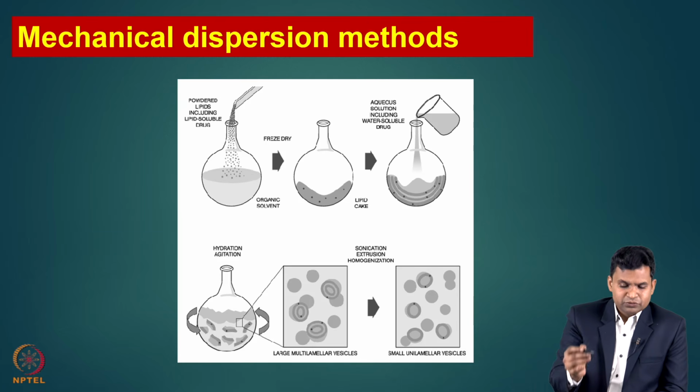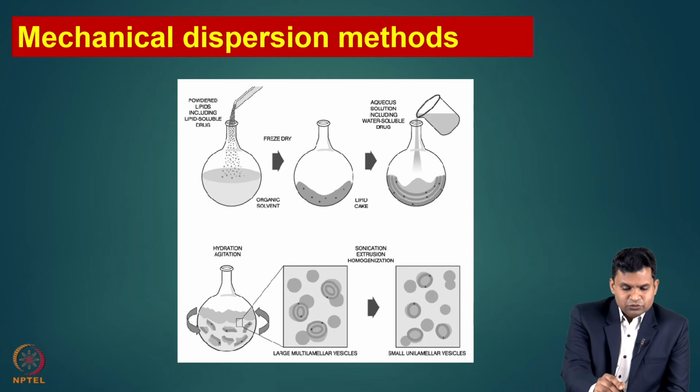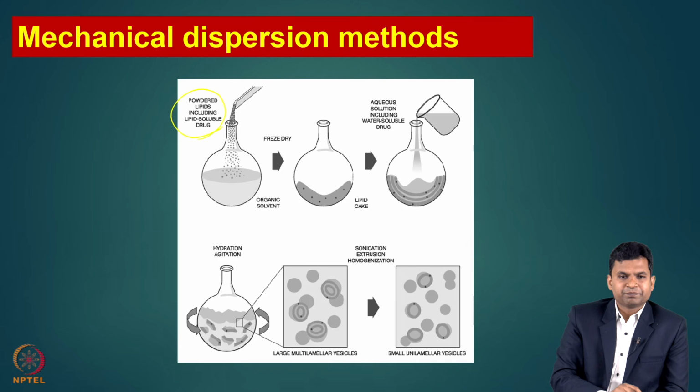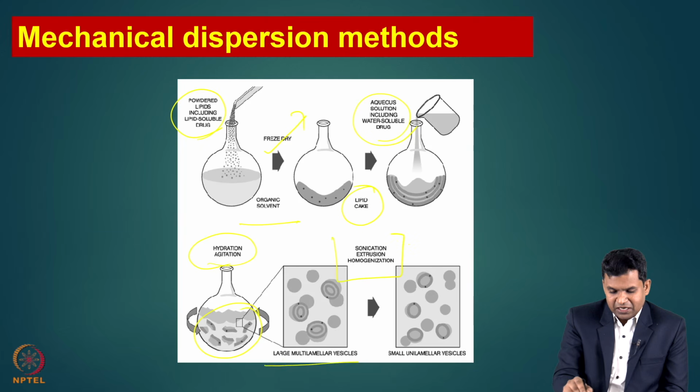Now this is a mechanical dispersion method. Here, with the same method, you dissolve your drug and lipid in an organic solvent and remove the solvent, you will get a thin film, and add your aqueous phase. But after hydration you will get large particles, and you need to use any of these techniques: sonication, extrusion or homogenization.